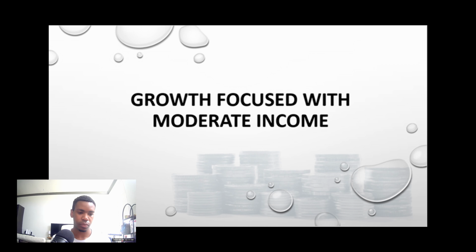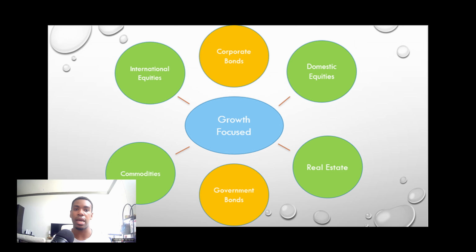Portfolios that are constructed with a growth focus and income mandate are likely to capture large market runs when a trend is in place, but continue to provide an income for investors during flat periods and times of market weakness. Growth asset classes like domestic and international shares and commodities are going to make up the majority of the portfolio, with the mix of government and corporate bonds to increase income potential without increasing the risk.